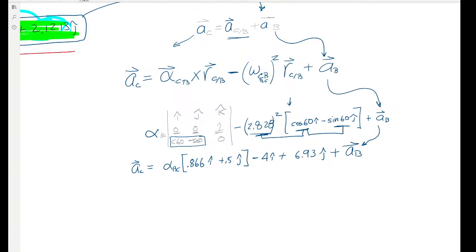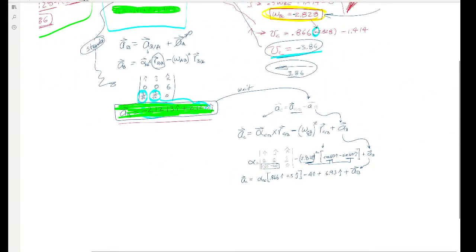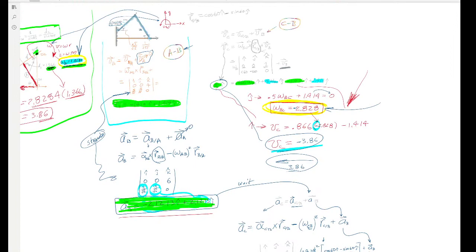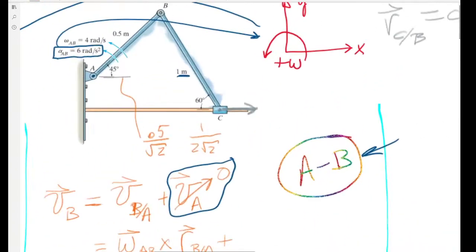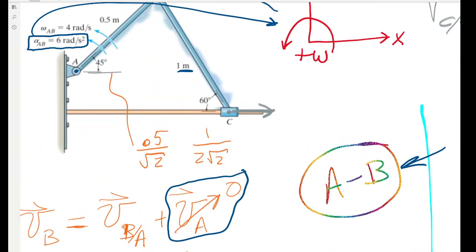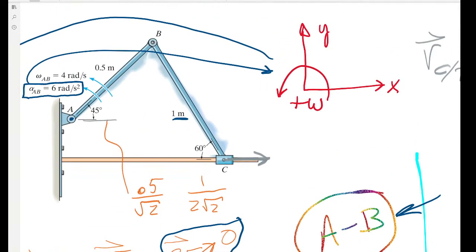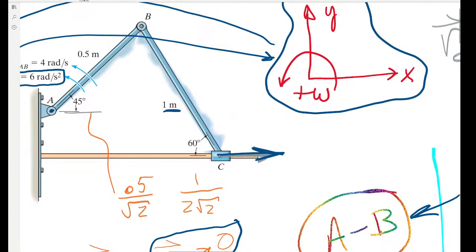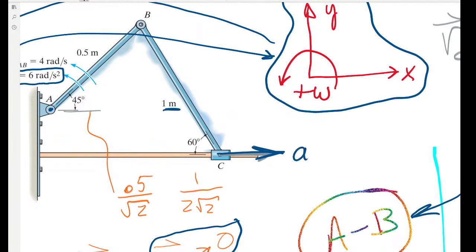Now, I'm going to take a look at something with acceleration of C. And I'm going to try to be careful here. In my drawing, I assumed, and this is the reason I do this, I always do it this way because if I don't know something, I'm going to make all references to this, meaning that this is where I'm going to assume the acceleration is going.